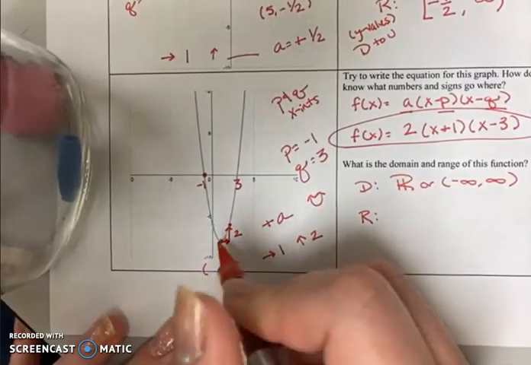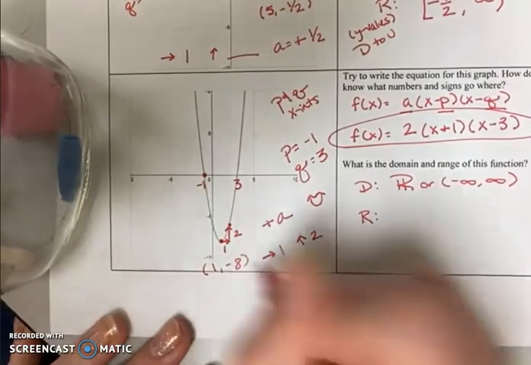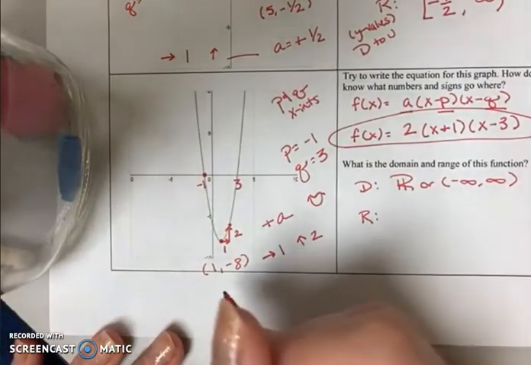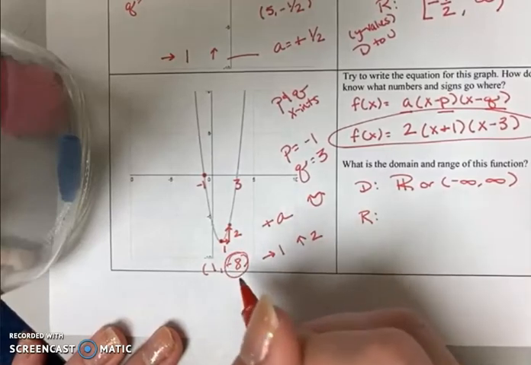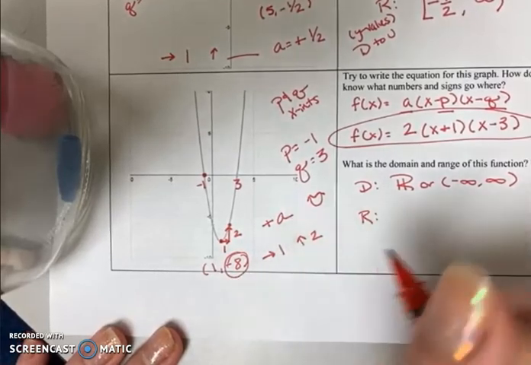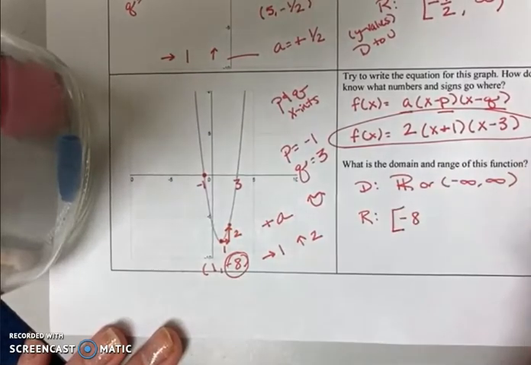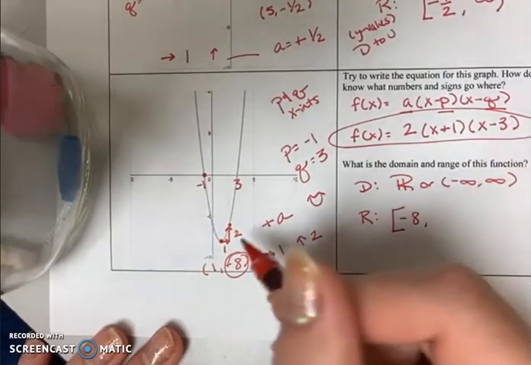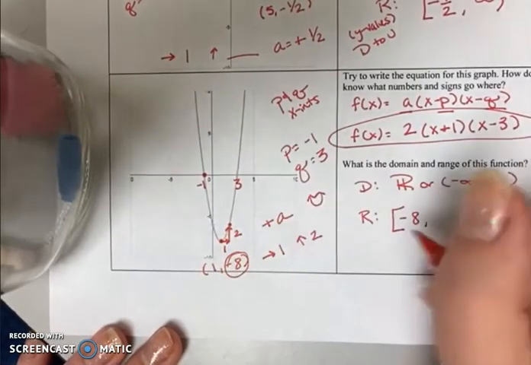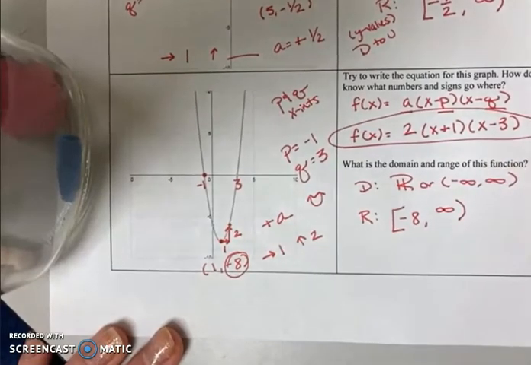The vertex appears to be 1, -8. Because it's range, I know I need to use the -8. Range is the y values. So -8 comes first with a bracket because it is included on my graph. And then as the function moves up, it's going to increase forever, approaching positive infinity.